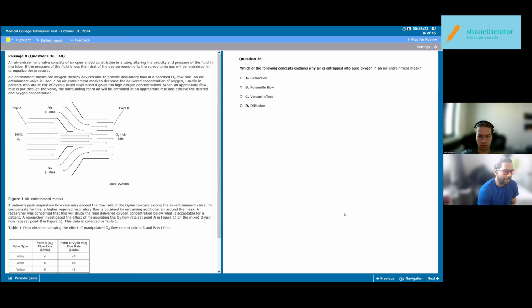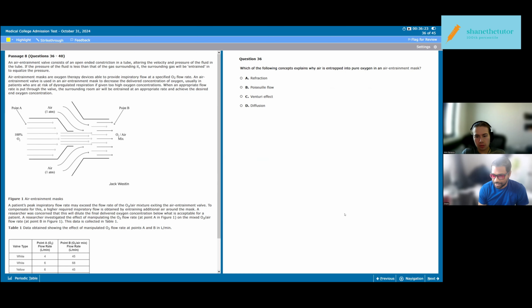And what unit would a flow rate be? A flow rate would be, I think, m cubed per second.